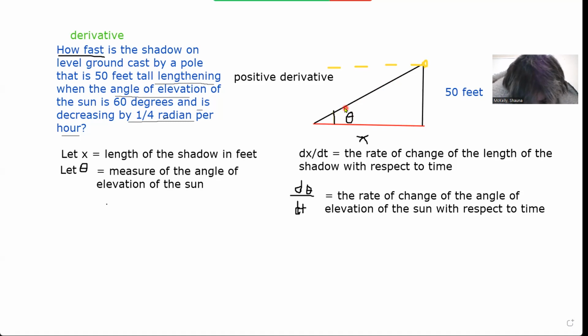Now, we need to come up with a relationship, okay? This is a right triangle because we assume that the pole is straight, the ground is level, all that good stuff. So we assume that we're at a right angle to the ground. Pretty safe assumption.